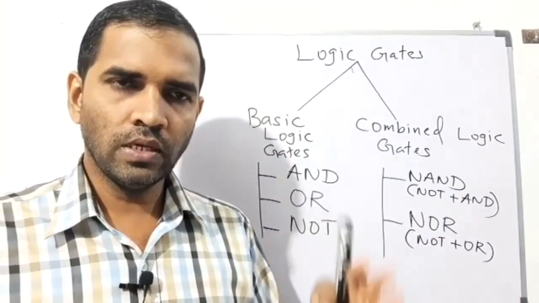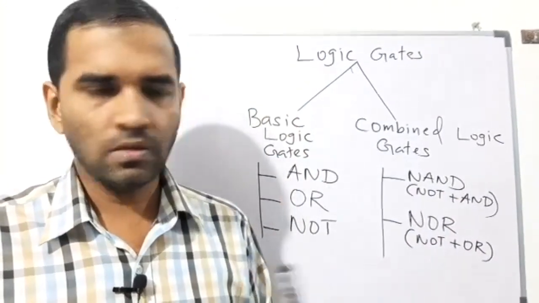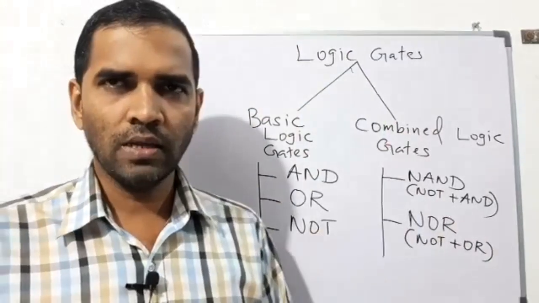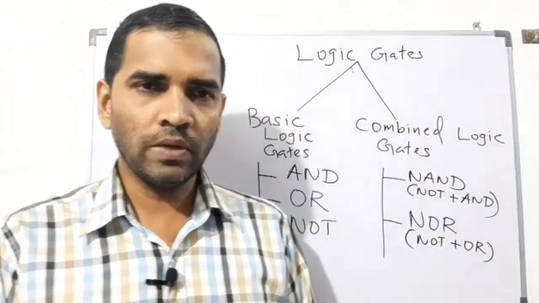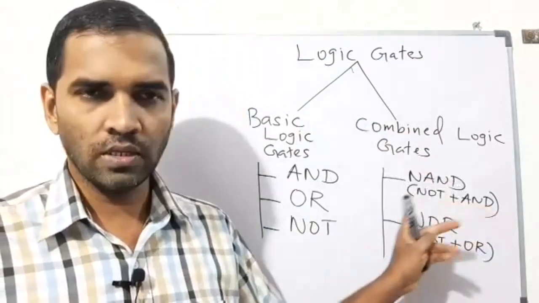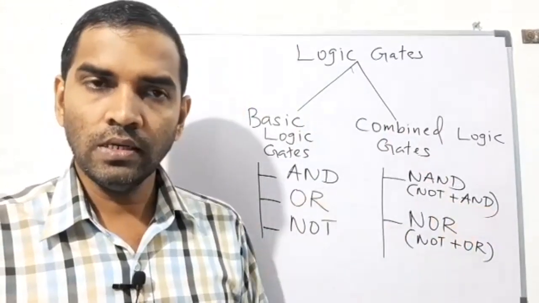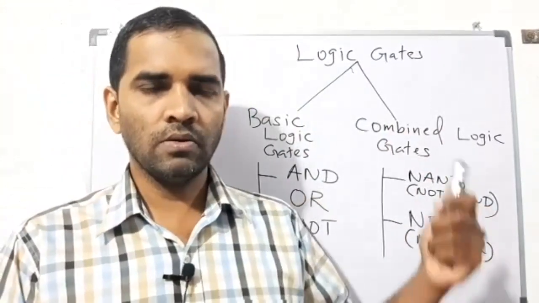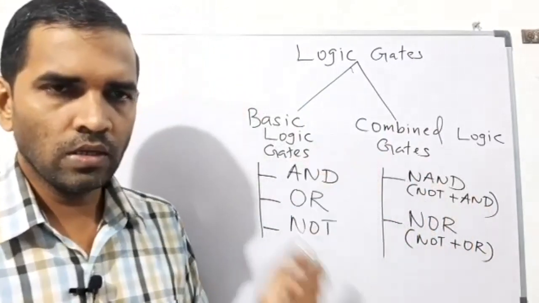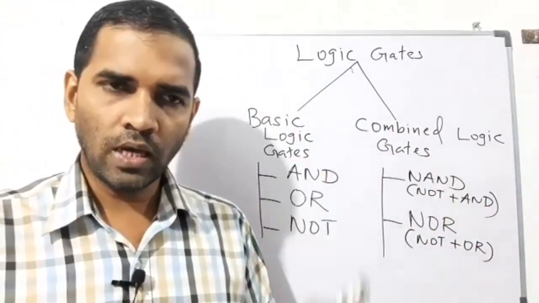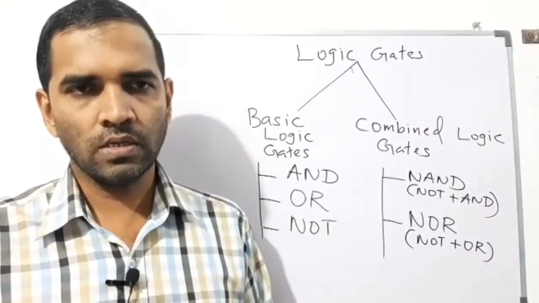But fortunately, we will be working with only basic logic gates. Only basic logic gates are included in our syllabus, not the combined gates, because combined gates become a little complex as two gates are joined together. So you will learn such things in grade 10, but not here. We will learn only the basic gates: AND gate, OR gate, and NOT gate.